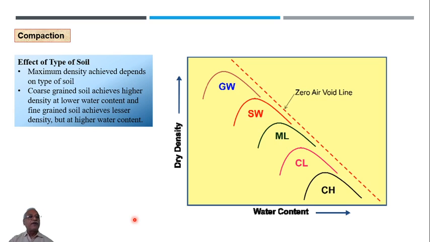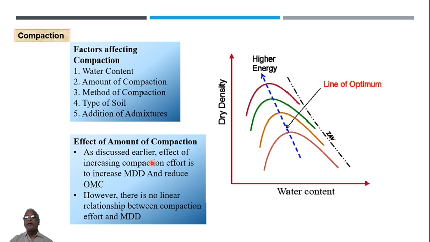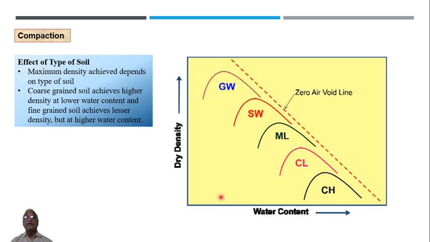Okay, effect of type of soil. You can just see here, higher and higher energy, the curve is going that way. Now in this case, these are different types of soil. Maximum dry density depends upon the type of soil.